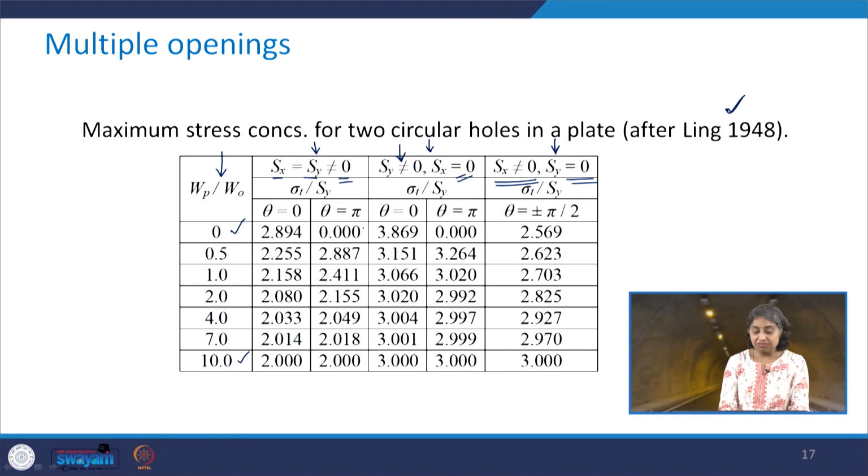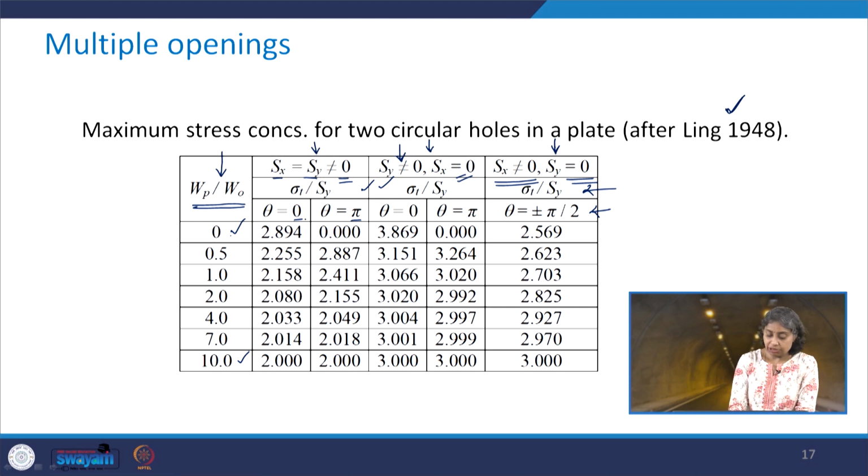So we have the variation at theta equal to 0 and pi for these two situations, as I mentioned with reference to the previous slide, and here in this case it is theta equal to plus minus pi by 2. And you see how the maximum stress concentration for two circular holes in a plate varies as the pillar width to opening width ratio increases from 0 to 10.